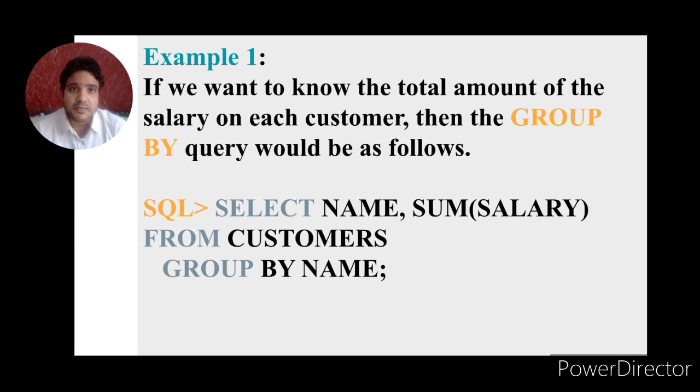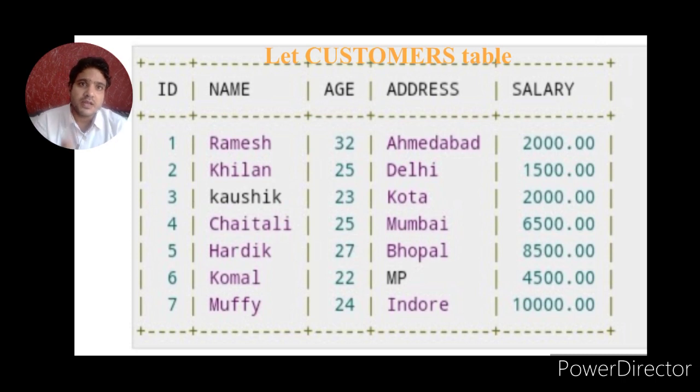From customers group by name means the groups are created according to the same names. If any attributes have the same names, they create a group. But in this example, the name has 7 values and they are atomic values, so the groups are 7. No values have similar attributes.